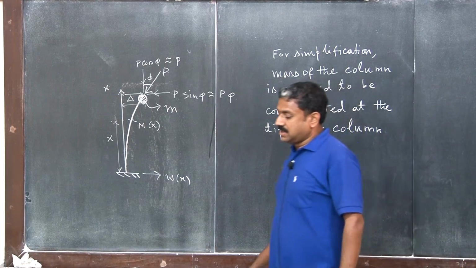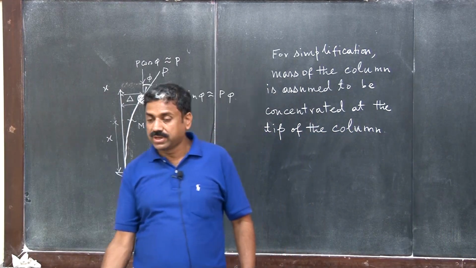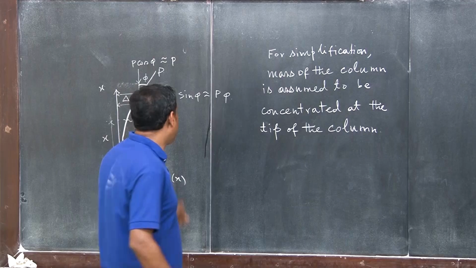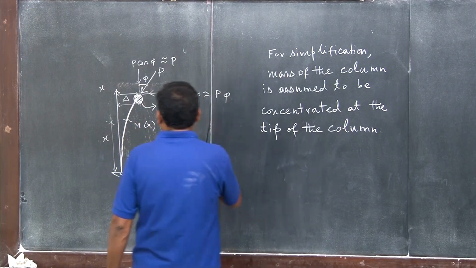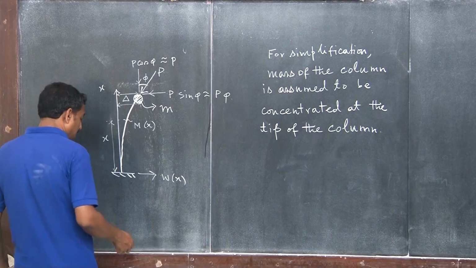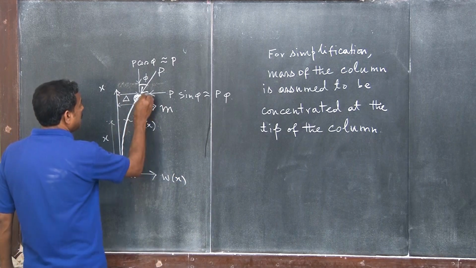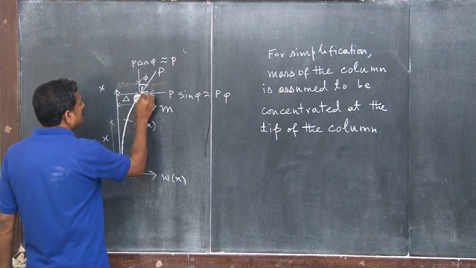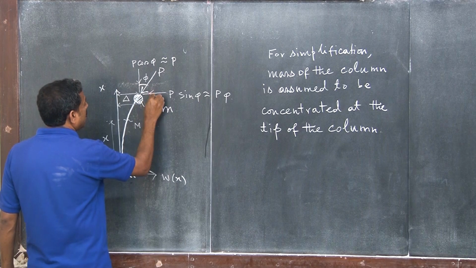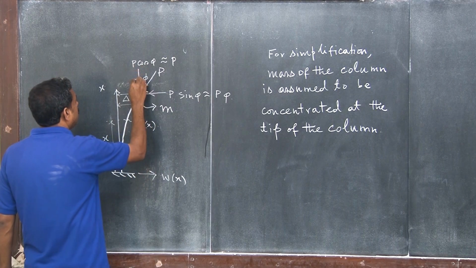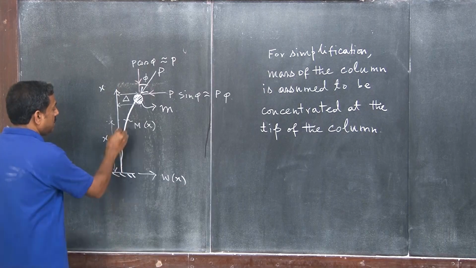There will be a little change. So this will also contribute to the moment, right? Earlier, there was the P force, and its horizontal and vertical components contributing to the moment.